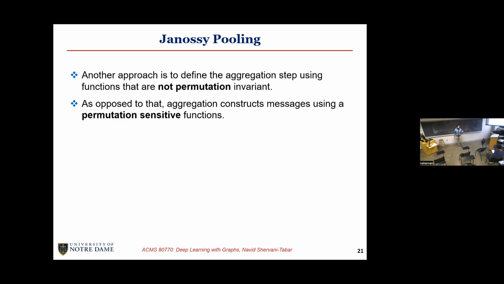Instead, we use a function that is permutation sensitive, right? So now the question is, my function is permutation sensitive. How should I get a message that is permutation invariant or approximating a permutation invariant one? The answer is by going over the different permutations that we can have, right?